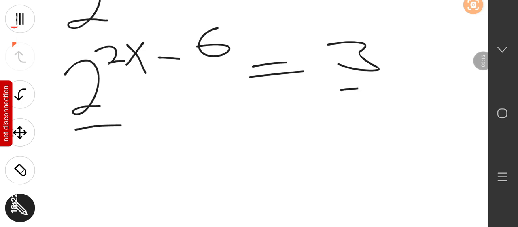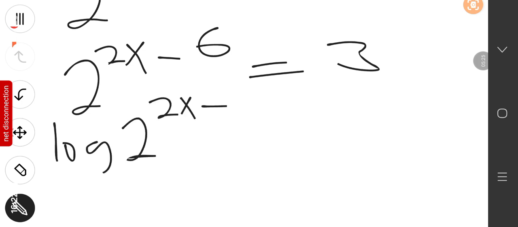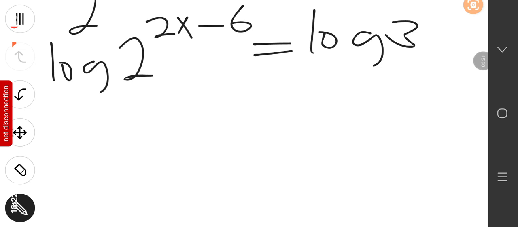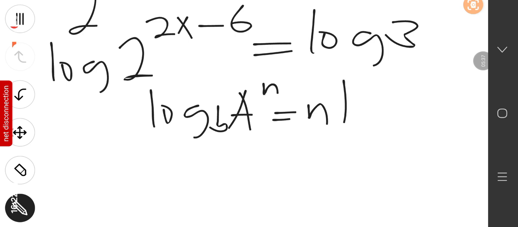Now this base and this base are not the same, so we are going to apply logarithm. So we say log of 2 exponent 2x minus 6 equals log 3. So let's engage the logarithm definition. Log a exponent n base b equals n log a base b.